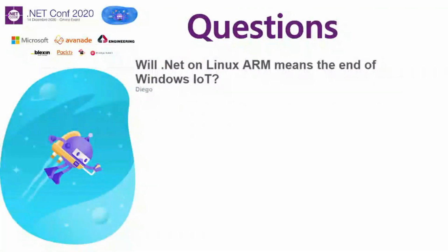From my point of view, the main issue is that the number of supported devices is very small compared to the Linux world. On Linux, you can pretty much take for granted that any new SoC or Wi-Fi chip is going to be supported. On Windows 10 IoT, the selection is a bit more limited. But I will turn it the other way around. Having Linux on ARM means that what you write in .NET and maybe run on Windows 10 IoT nowadays may run on Linux in the future.